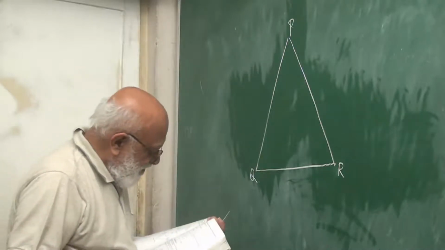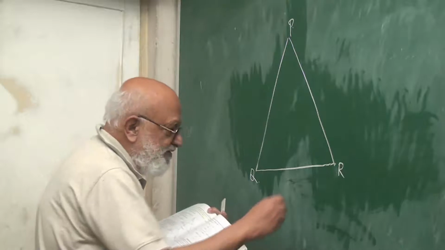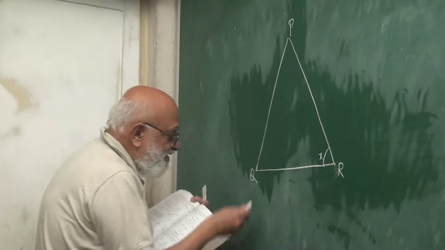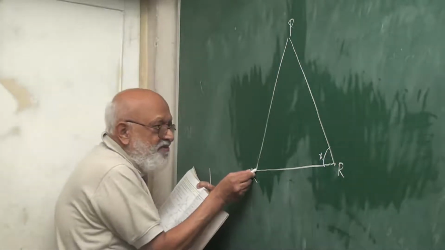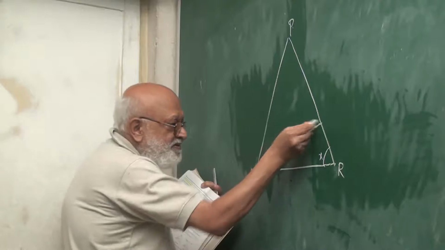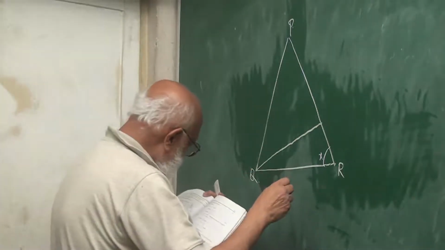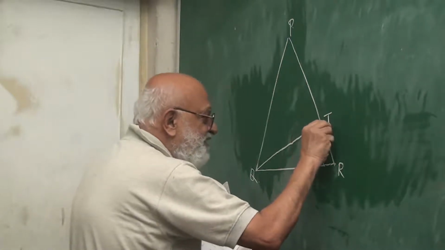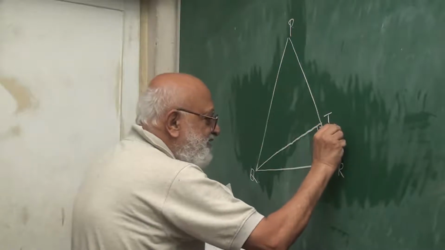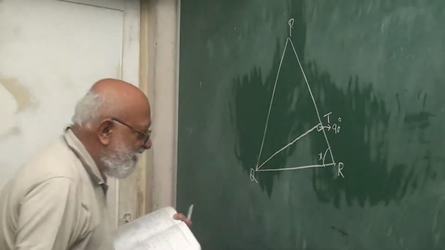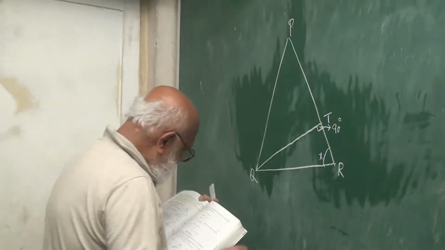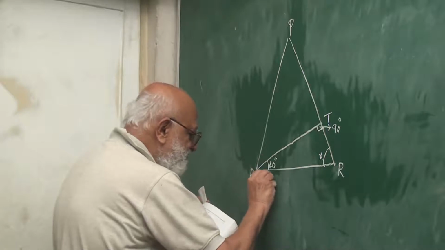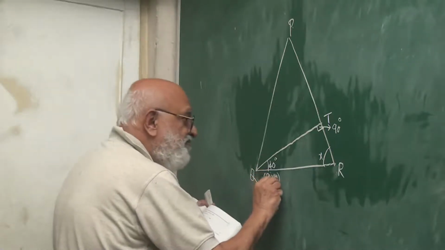So this is PQR. This angle is given as X. And they drop a perpendicular on this. This will be marked as QT, and this sign means it is perpendicular, that is 90 degrees. And this angle is 40 degrees, given.